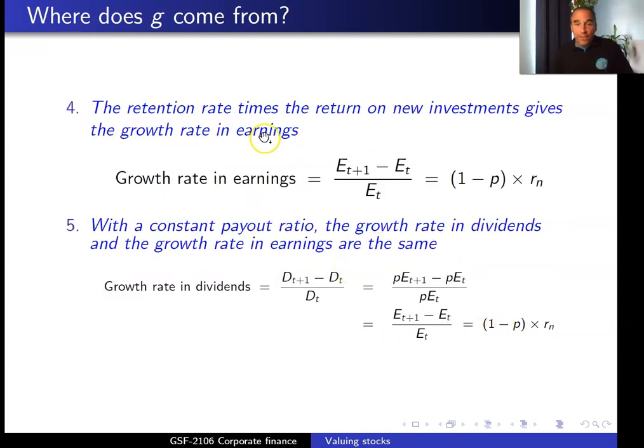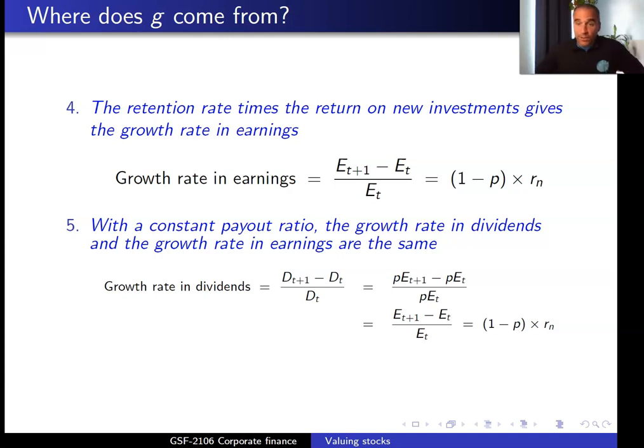So the retention rate times the return on new investment gives the growth rate in earnings. A fraction of earnings are paid out as dividends, and the other fraction is retained in the firm.